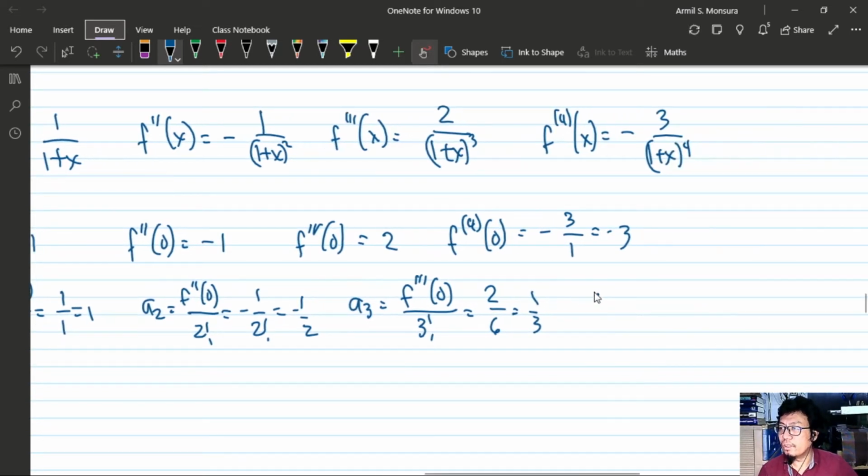And a4 is the fourth derivative of f at 0 over 4 factorial.